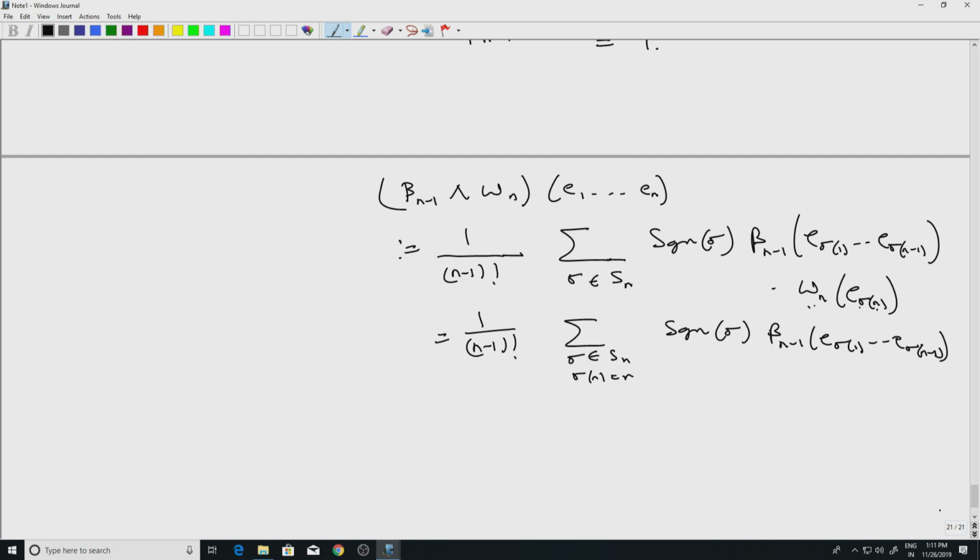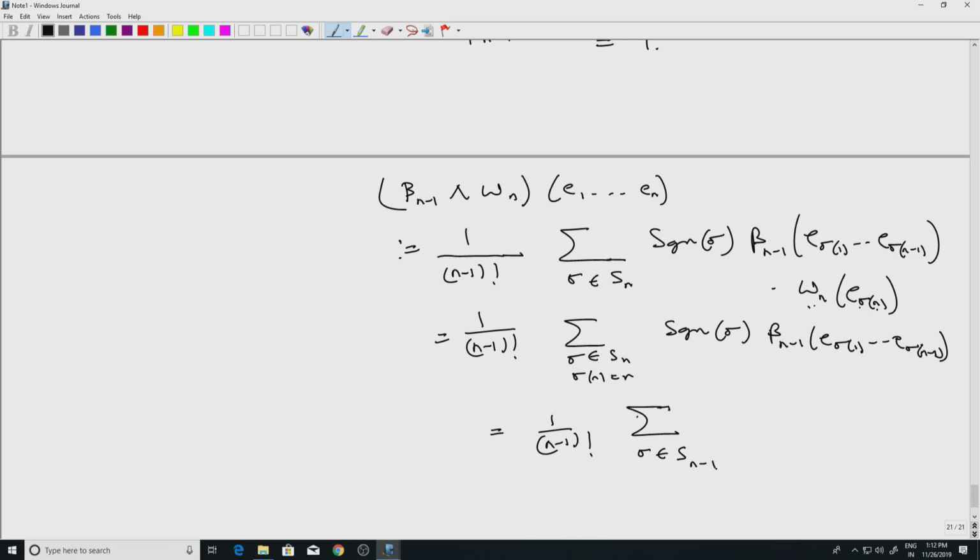So what one ends up with is essentially 1 by n minus 1 factorial.